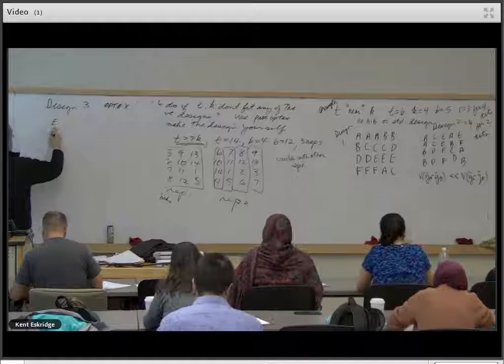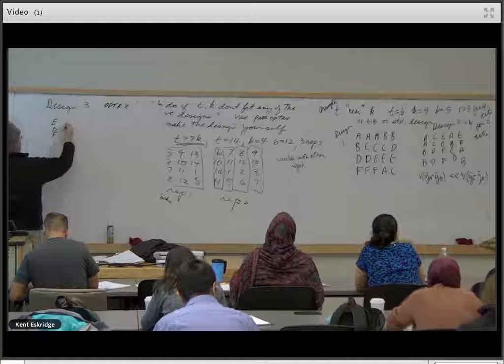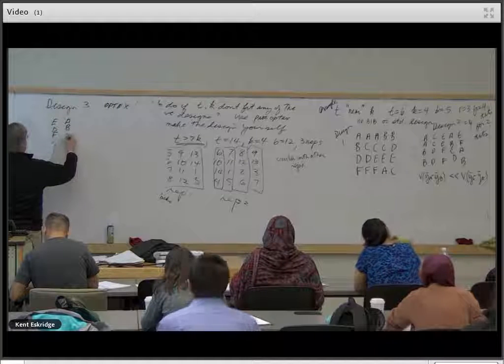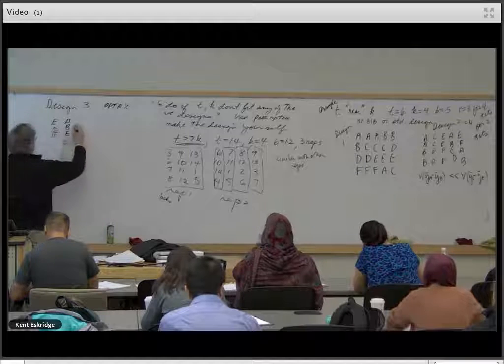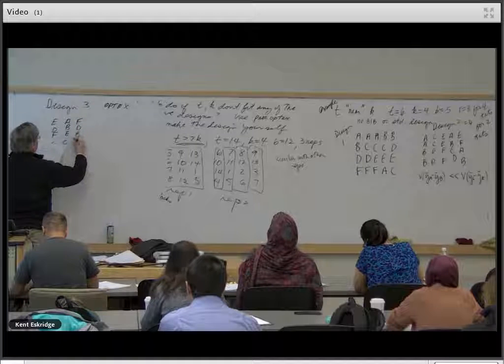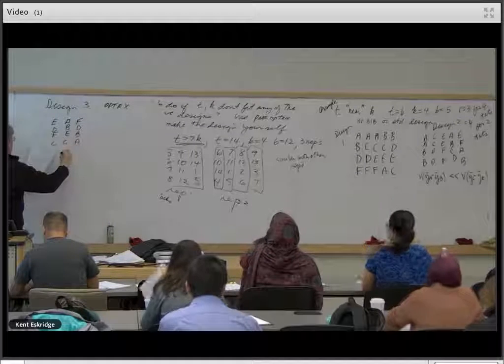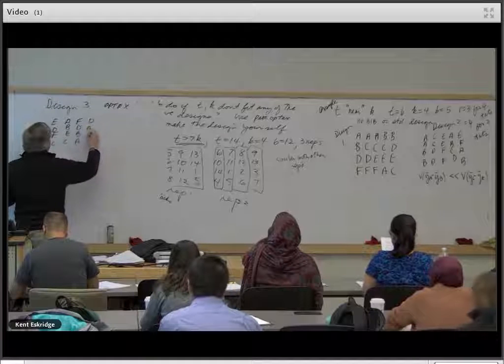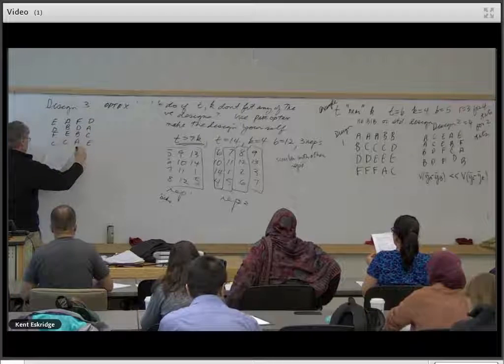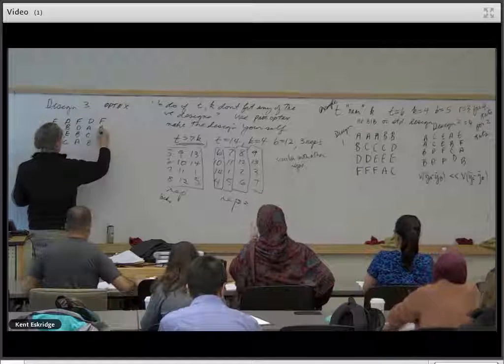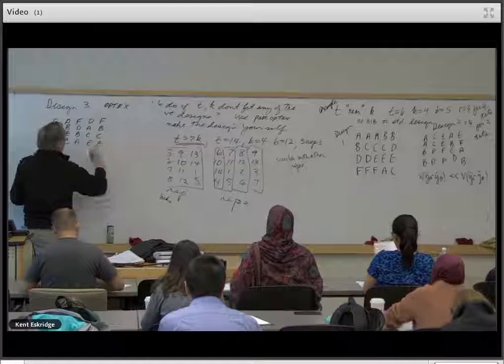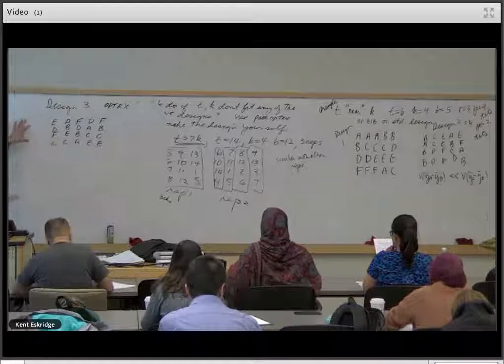E, B, F, C, A, B, E, C, F, D, B, A, D, A, C, E, and then F, B, C, E. And I get a D-optimal design with this.